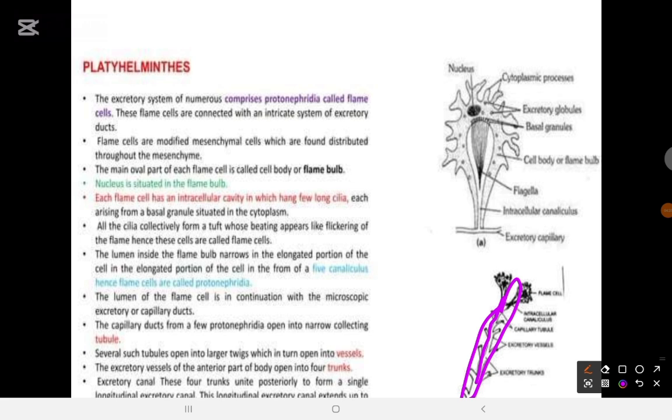And it in turn opens into vessels, and the excretory vessels of the anterior part of the body open into four trunks. Now, excretory canals, which are these four trunks, unite posteriorly to form a single longitudinal excretory canal.